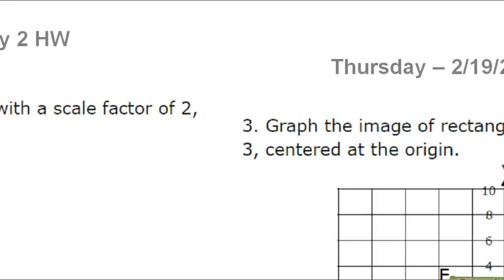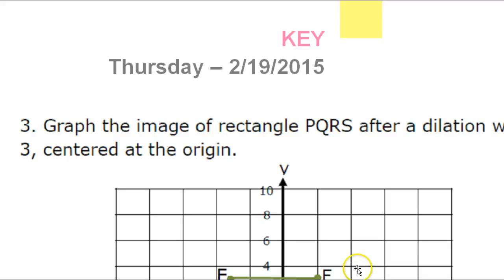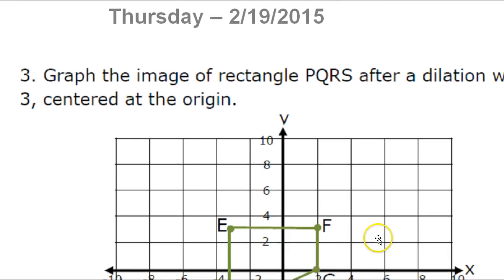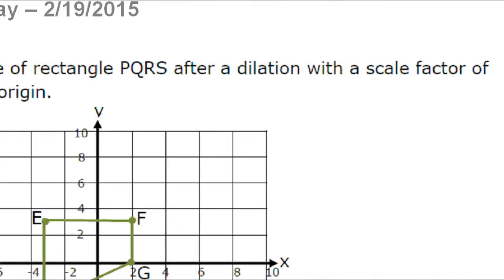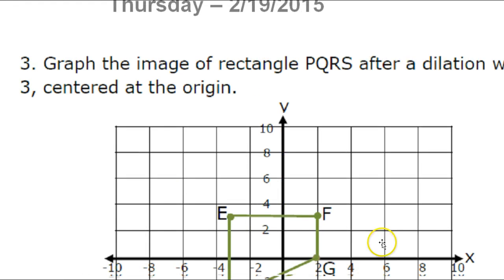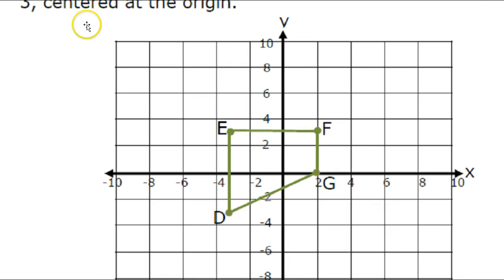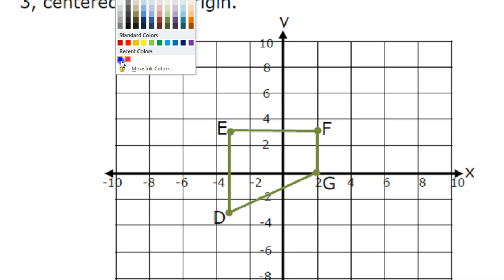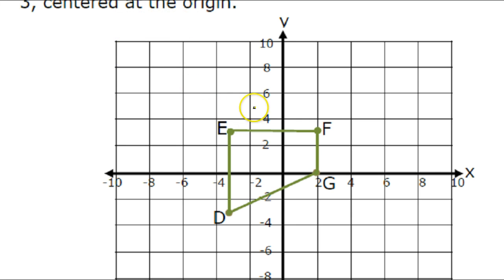Let's take a look at number 3. Graph the image of the rectangle after a dilation with a scale factor of 3 centered at the origin. Again, I find it very easy if we use the coordinates.